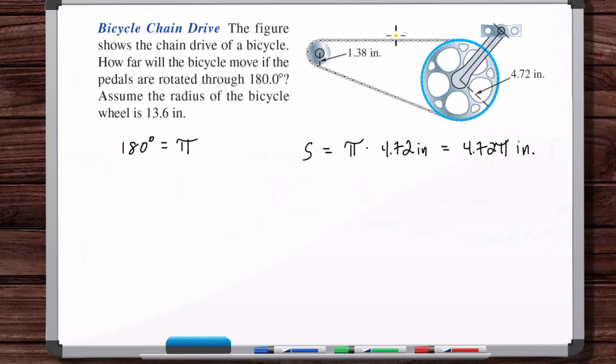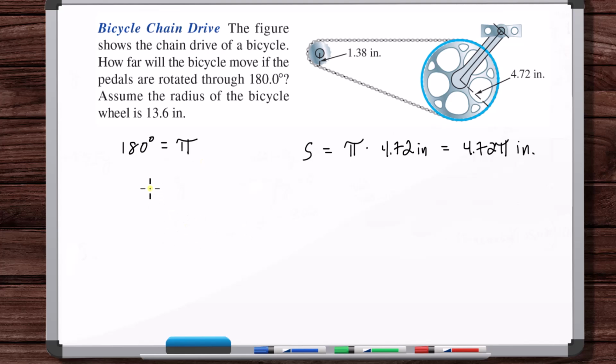In order for this circle to go that same distance, it's going to rotate faster. This is going to be rotating slower than this because it needs to go the same distance, but it's a smaller diameter. That's why when you look at gear trains, the smaller gears are rotating faster than the larger gears if they're meshed.